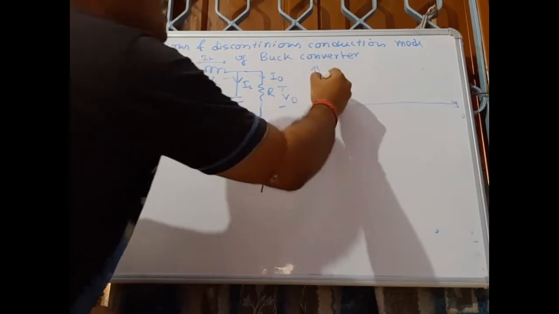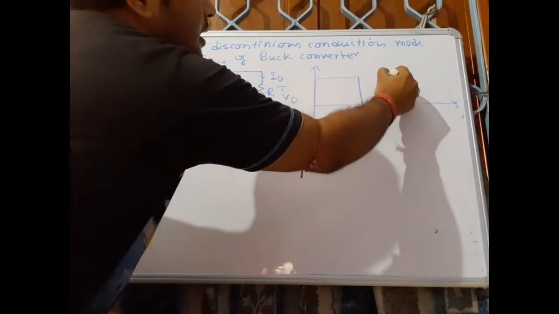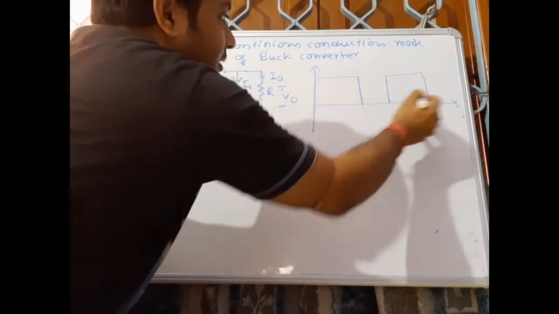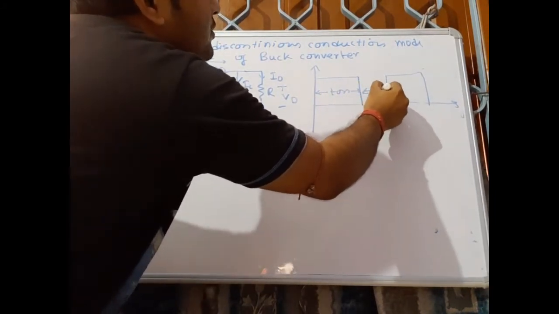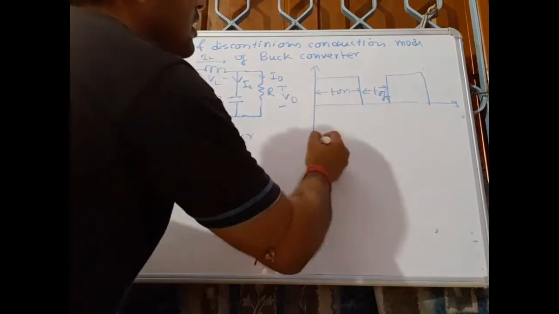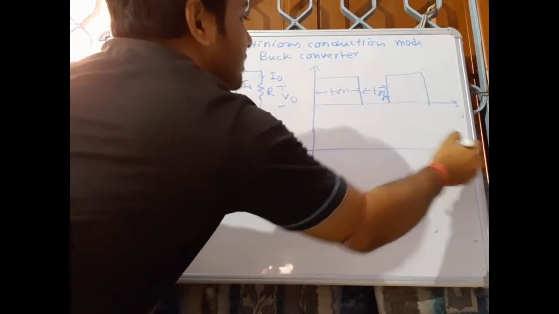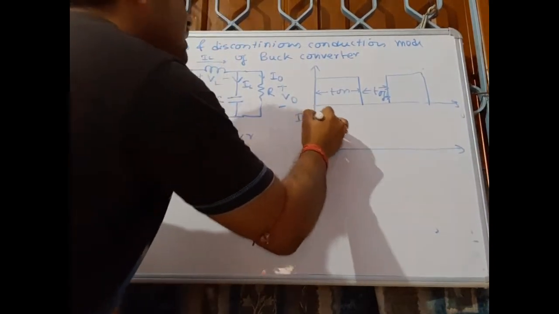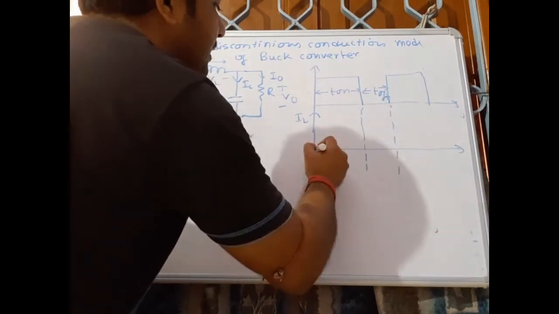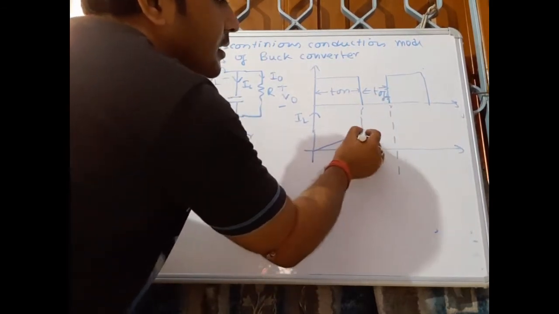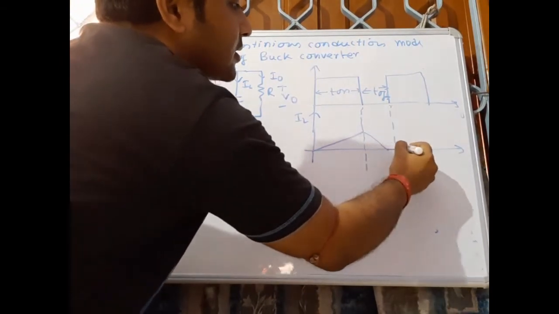Now this is your T on and this is your T off, and this is IL, this is your discontinuous conduction mode.